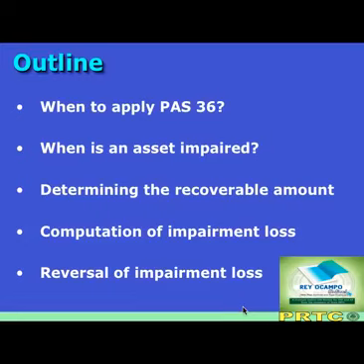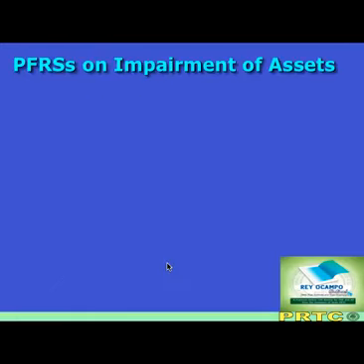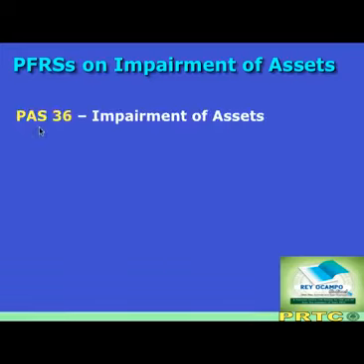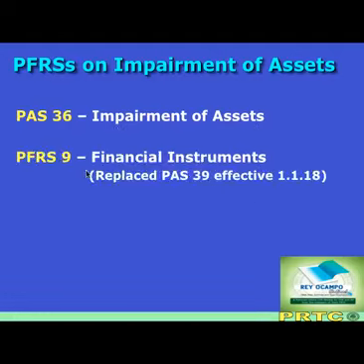First, what standard applies in accounting for impairment of assets? These are the PFRSs on impairment of assets: PAS 36, titled Impairment of Assets, and PFRS 9, titled Financial Instruments.